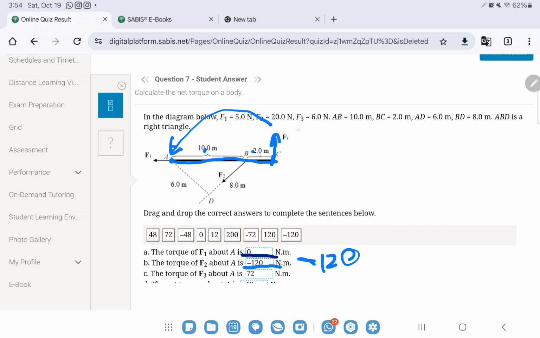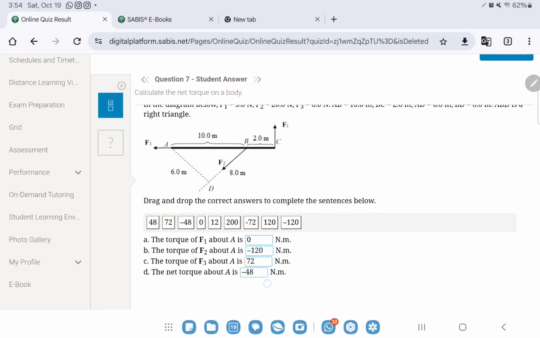F3 is 6 newtons. 6 newtons times 12 is 72. That's how you get this answer. Now for the last part, you're going to have to add these two up. Negative 120 plus 72 gives you, I think, negative 48. But let's make sure. And yes, it's negative 48.